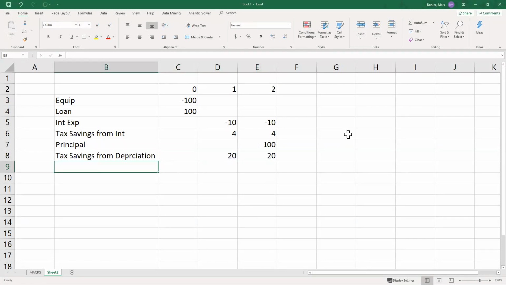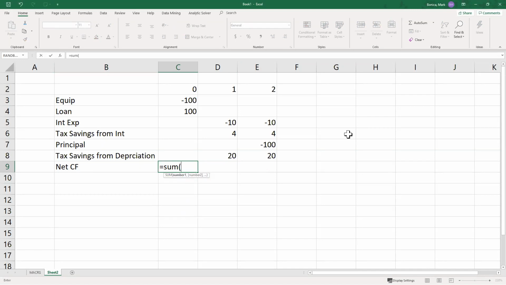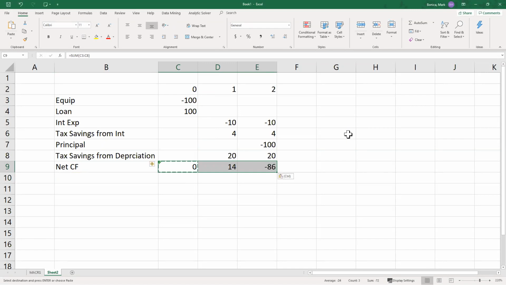Okay. And then we simply did our net cash flow as the sum of each of these columns. So for this very simple project, if we were to purchase the equipment, we would have a cash outflow of 100,000 when we purchased the equipment. We would have a cash inflow of 100,000 when we got the loan for the equipment.